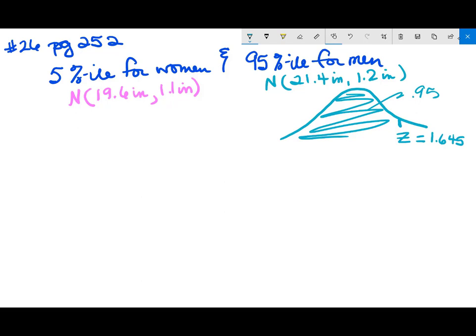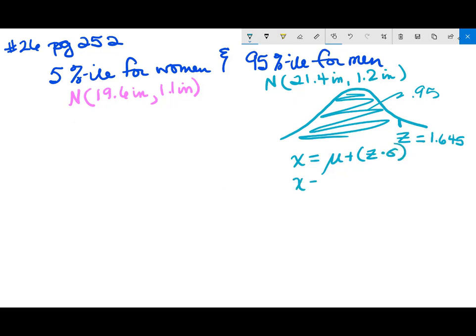Now we need to unstandardize it, and if you'd like to memorize the formula for unstandardizing rather than just doing it, remember it is my raw score equals the mean plus my z-score times sigma.